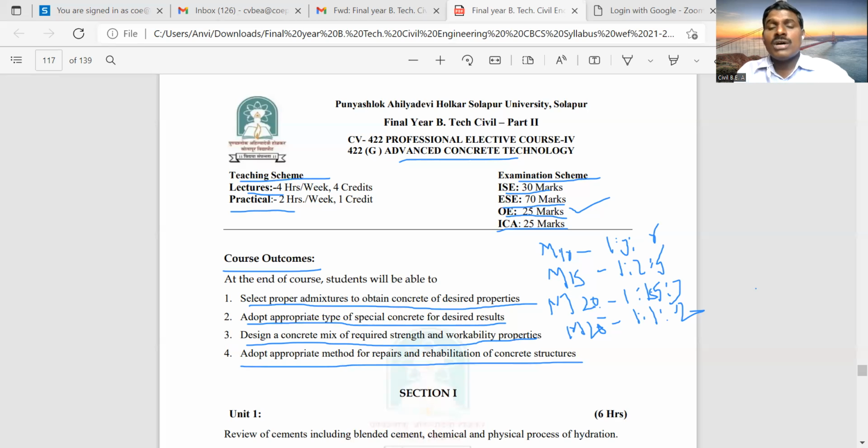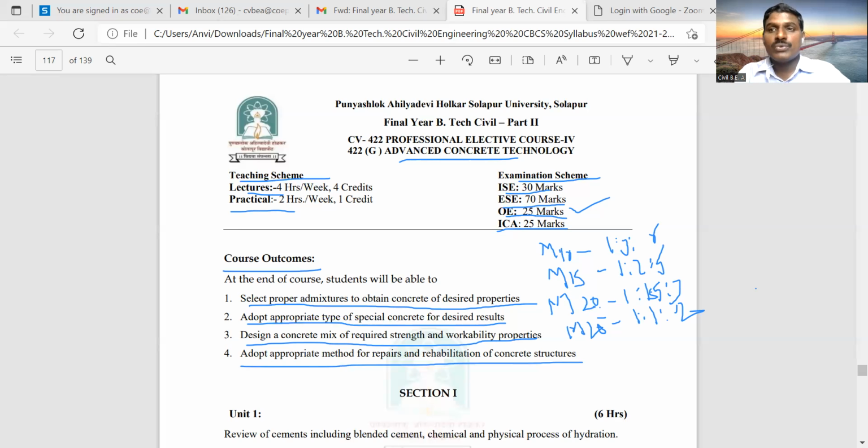But after so many years, they will deteriorate. After 20, 25, 30, 35 years, cracks will develop in the concrete, and the steel will corrode. So some deterioration will take place, and then we have to go for repairs and rehabilitation.